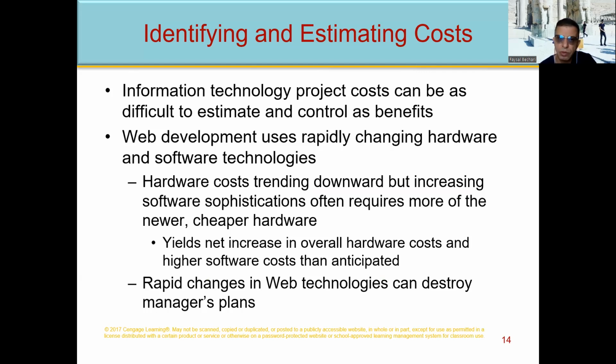Web development uses rapidly changing hardware and software technology. Hardware costs are trending downward, but increasing software sophistication now requires more hardware, although it's cheaper now. So rapid changes in web technology can destroy a manager's plan.